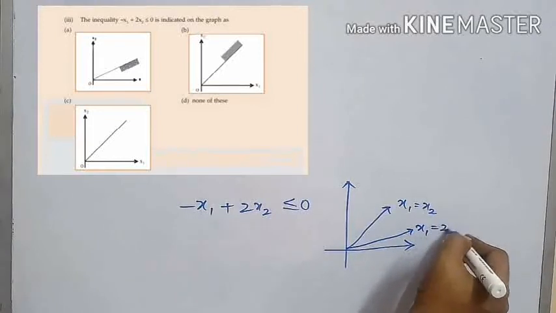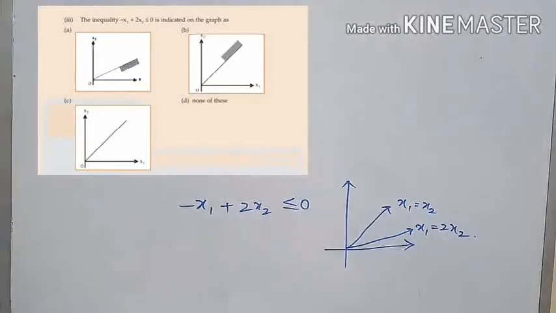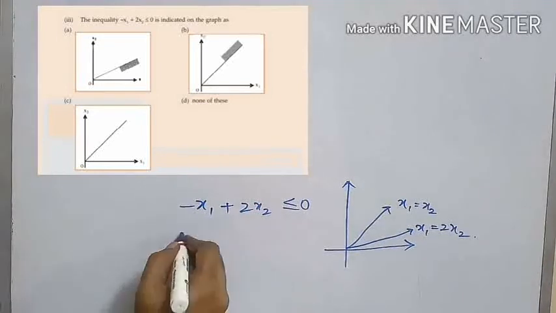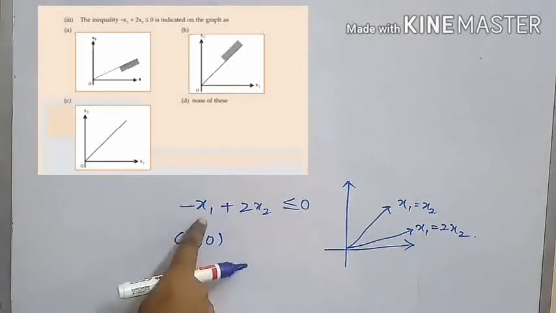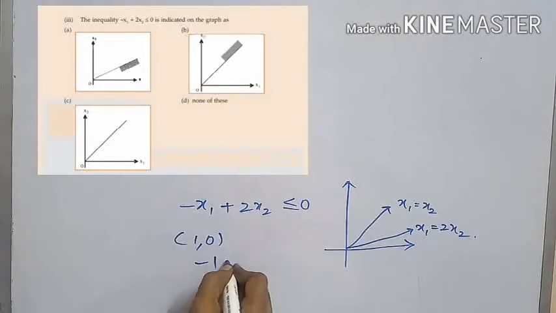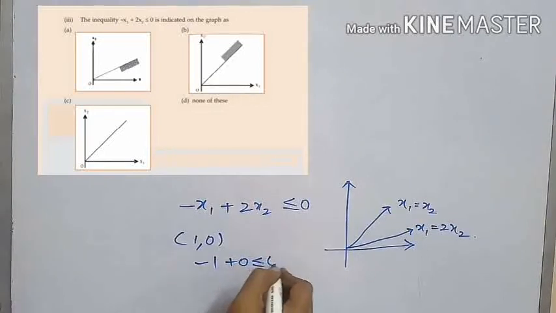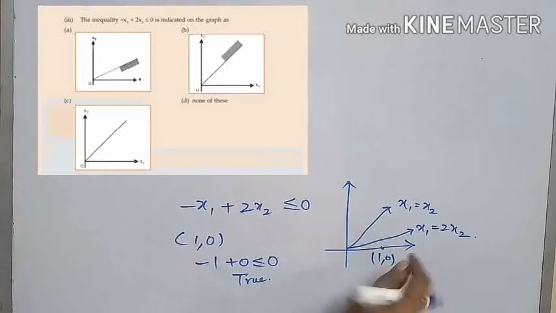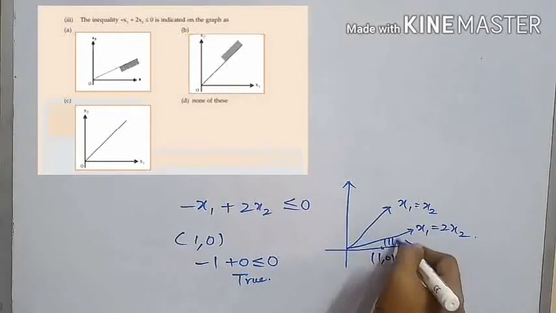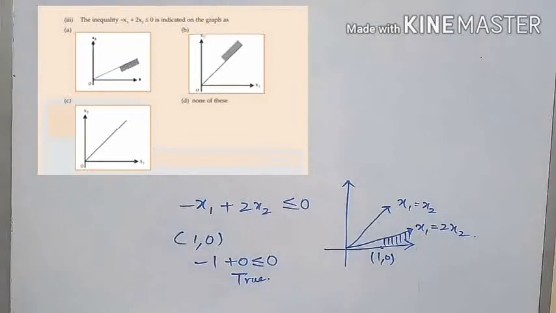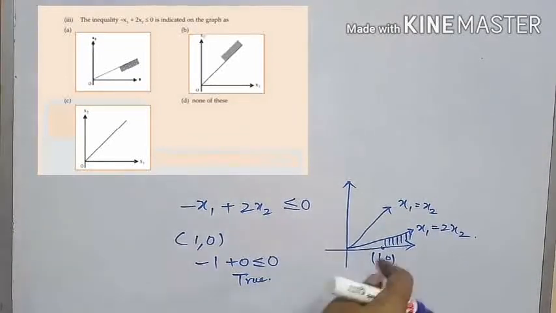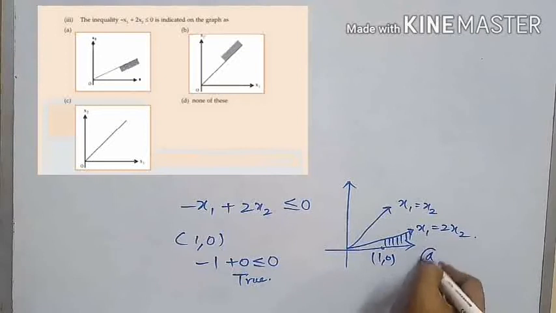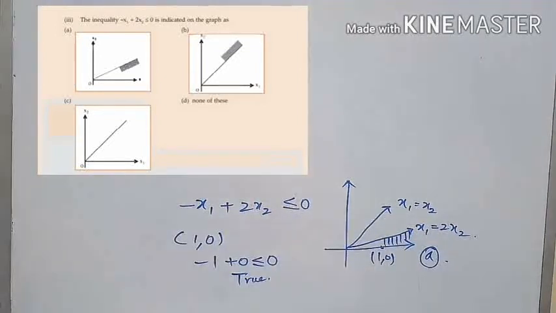So this is the line x1 is equal to 2x2. Substitute the point 1, 0 in the left hand side of the inequality. We get minus 1 is less than or equal to 0, which is a true statement. So mark the point 1, 0 and shade the region containing the point. So option A is the answer.